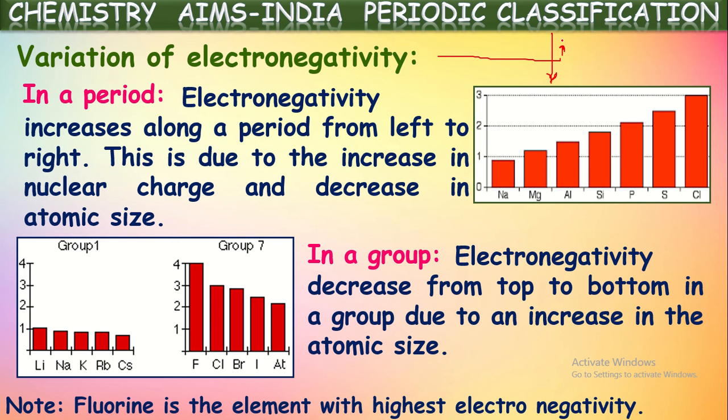We know noble gases do not participate in bonding, so there is no question of electronegativities for these elements. They don't have any electronegativities. So we compare till the halogens. From alkali metals to halogens, electronegativity is increasing. Among the halogens from top to bottom it is decreasing. So the first halogen has the highest electronegativity, that is fluorine.